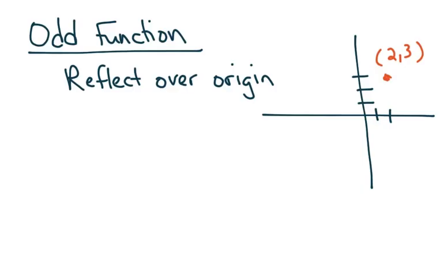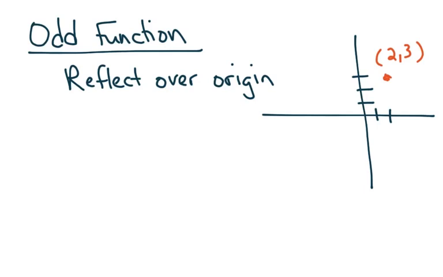An odd function is one that instead of reflecting it over a line, like an axis, you would instead reflect it over a point, the origin. Reflecting a point over another point is going to change the sign of both of those coordinates.